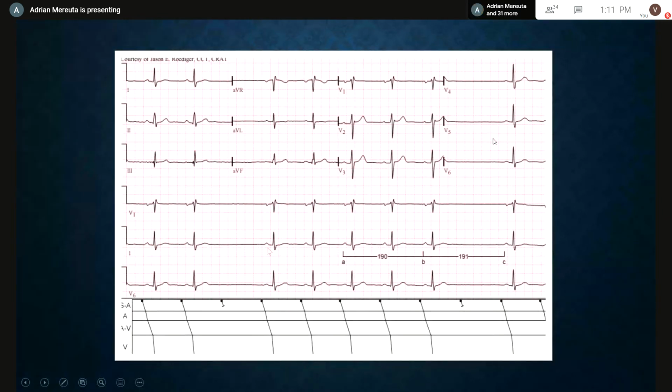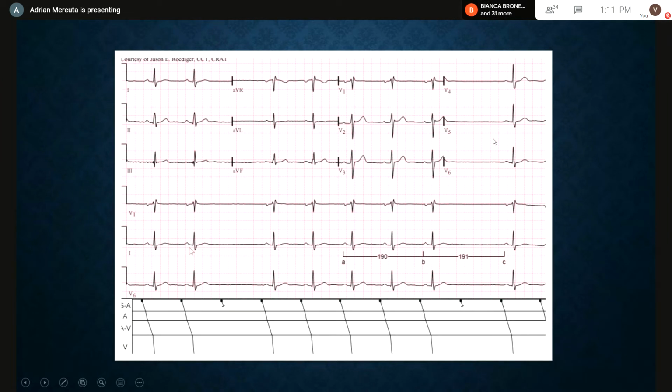This is sinoatrial block. You see, these three leads are for width. These are changing, 3, 3, 3, 3, but these three are only to see the rhythm. And we can see, because the P is well seen, that there is no P here, and actually this distance is twice the normal PP or QRS distance.